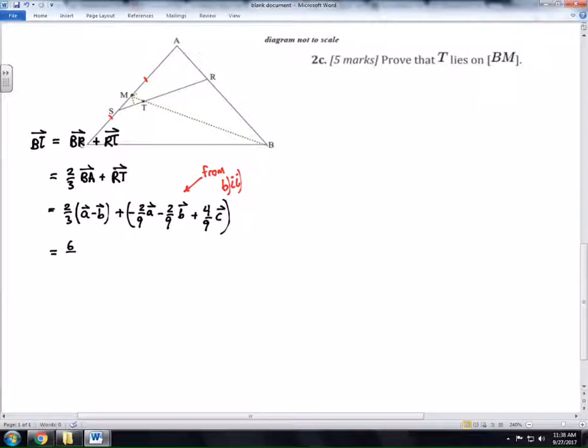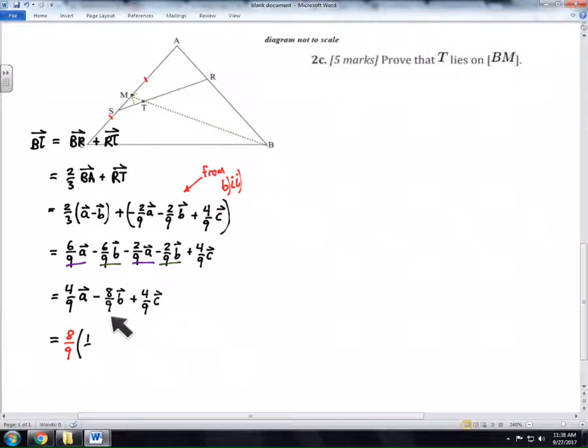And I'm not sure if this is going to do anything, but I'm going to clean it all up and see what happens. When I do all the arithmetic, I collect my like terms, and I discover that these are all multiples of one another.